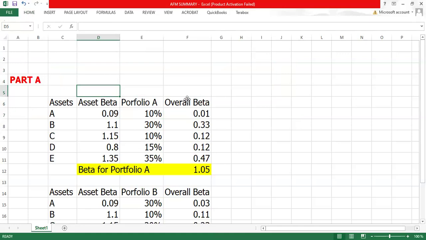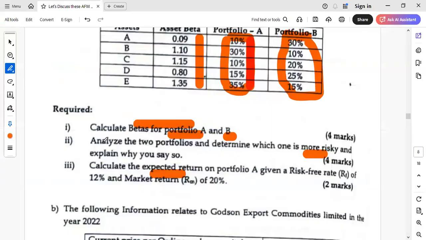Then next, what are we told? We analyze the two portfolios and determine which one is more risky, and explain why. You explain why you think that it is more risky.